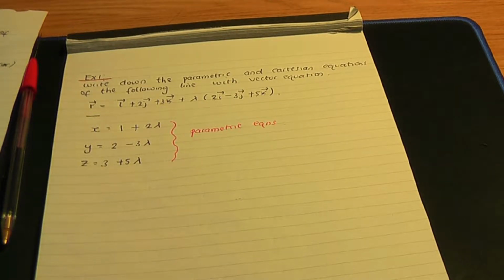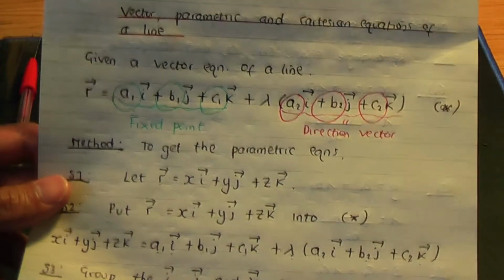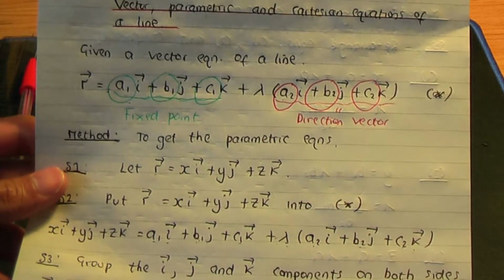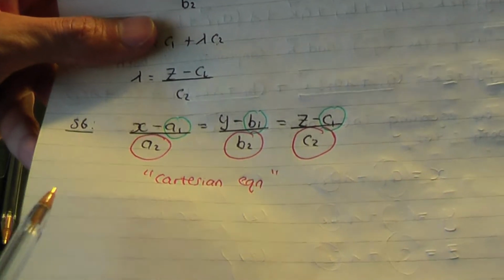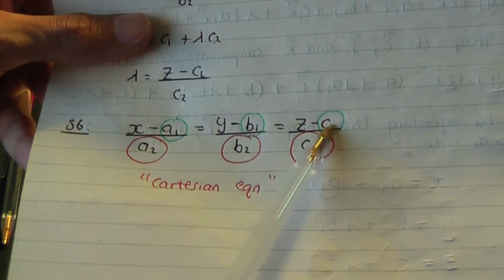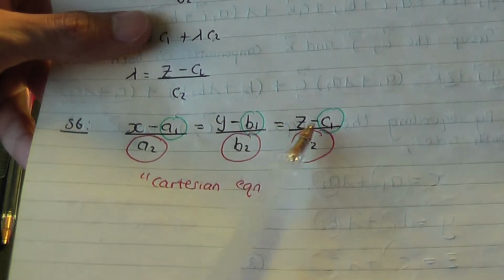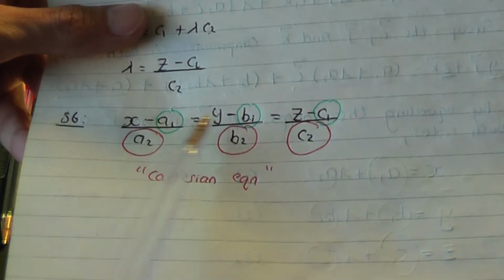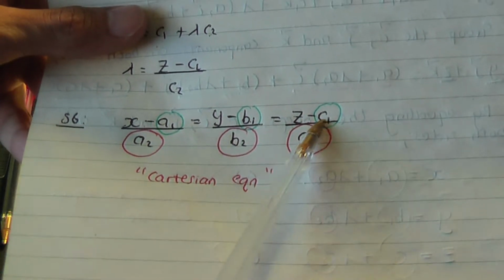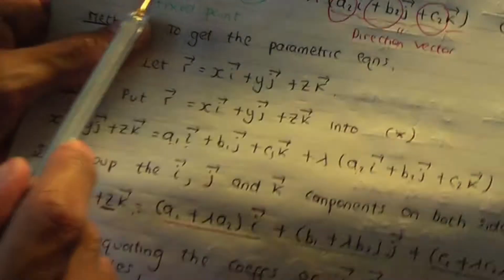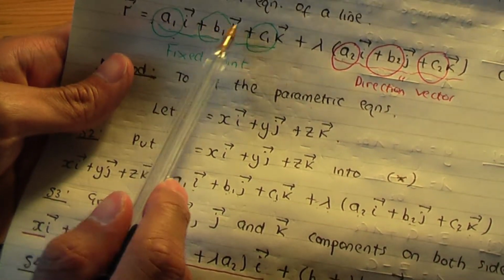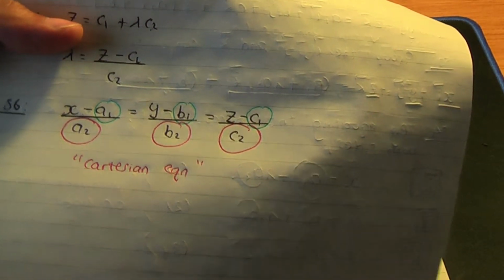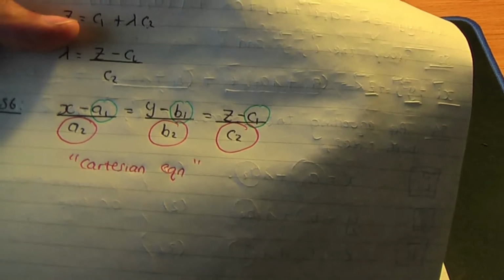If you want to work out the Cartesian equation, let's go back. Remember, this is the vector equation. The Cartesian form is one equation in x, y and z only. A1, b1 and c1, provided there are minuses, come from your fixed point vector. So the components of your fixed point vector will be a1, b1 and c1 in your Cartesian equation.